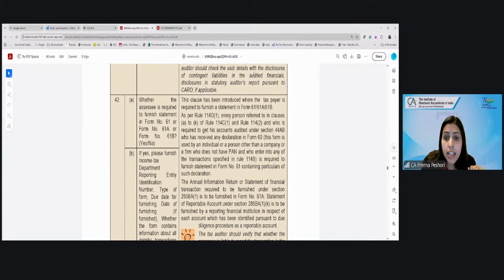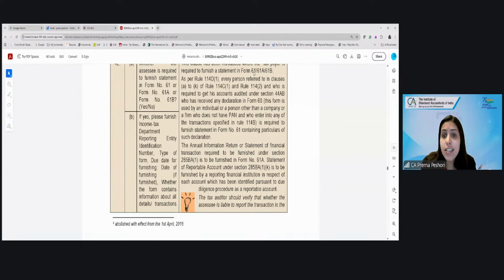Then there is Form 61A, which is Statement of Financial Transaction or Annual Information Return. If I see any high value transactions, I have to report these transactions to the government. Like, if there are fixed deposits opened, sale or purchase of goods more than 2 lakh rupees in cash, I have to report this, right? So that is Form 61A.